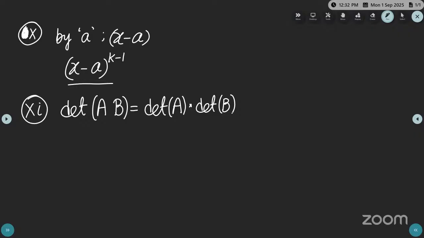That's enough. We do one or two problems before the lunch break based on this factorization theorem. Okay. Write down.